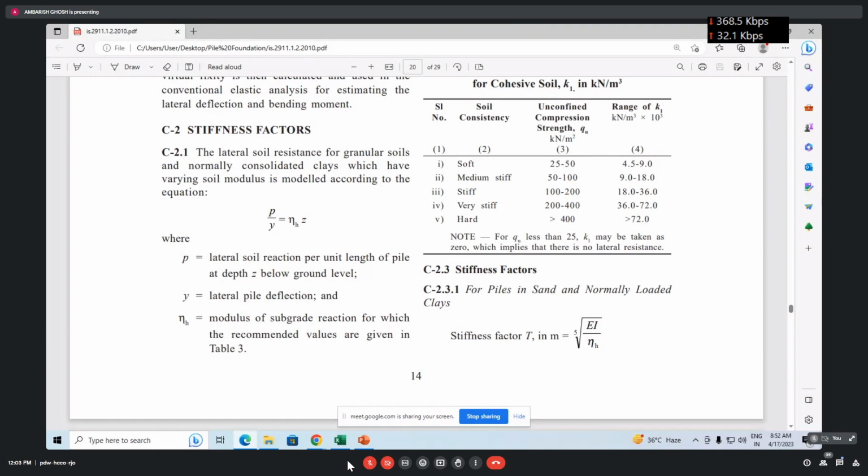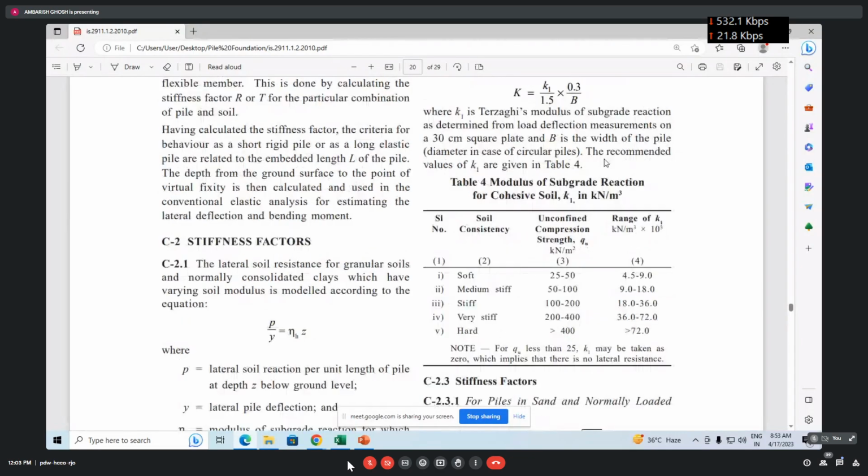So that part you have to take care. When the soil profile cohesion is given, you convert it to unconfined compressive strength and read the k1 value accordingly. And in between values, you interpolate. So suppose qu is 50, you will take the k1 value as 9 into 10 to the power 3. Clear?